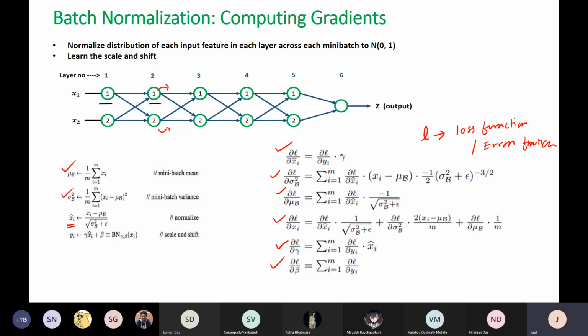These are not the input. In a sense, you can think of the output from this layer going as input to the next layer, so that is why I am referring to it as x. I took this picture from the original paper itself, and that is the notation that they used.